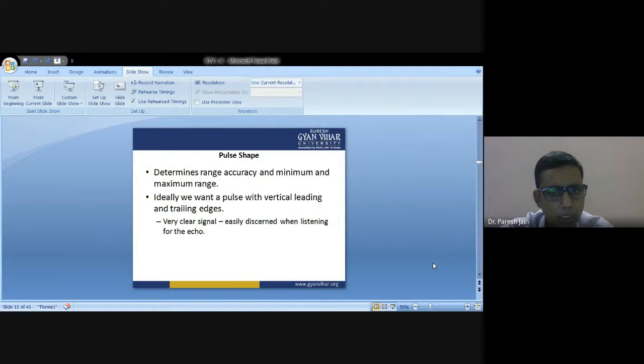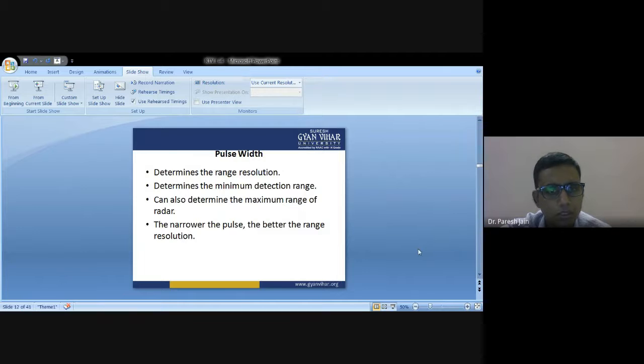Ideally, we want a pulse with vertical leading and trailing edges, a very clear signal, easily discerned when listening for the echo. Pulse width determines the range resolution, determines the minimum detection range, and can also determine the maximum range of the radar. The narrower the pulse, the better the range resolution.